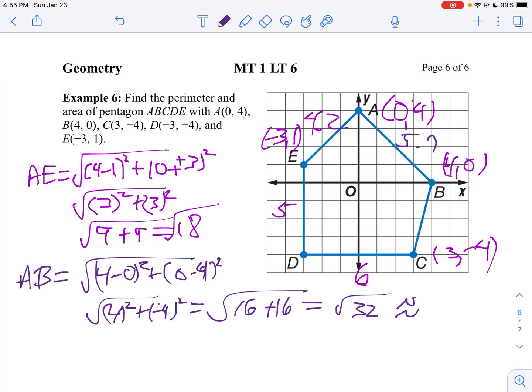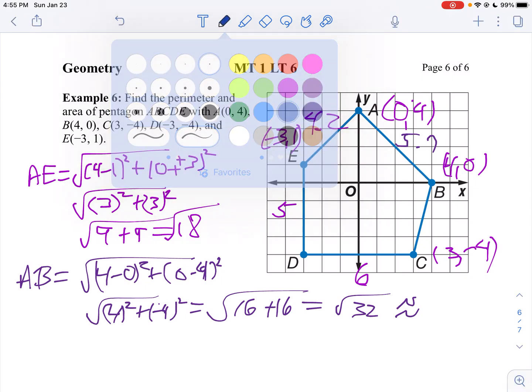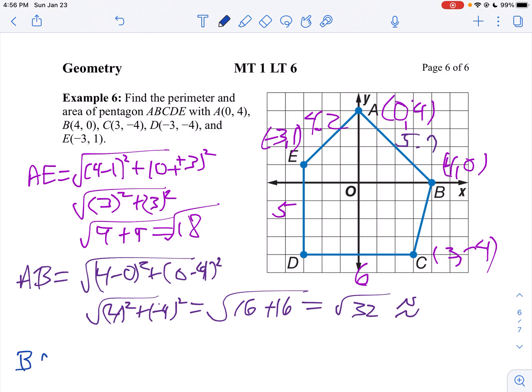Now let's find the distance from B to C. Got to do a lot of work on this problem, don't you? So if I look at the distance from B to C, I'm going to subtract my x's, so 3 minus 4 squared plus negative 4 minus 0 squared.